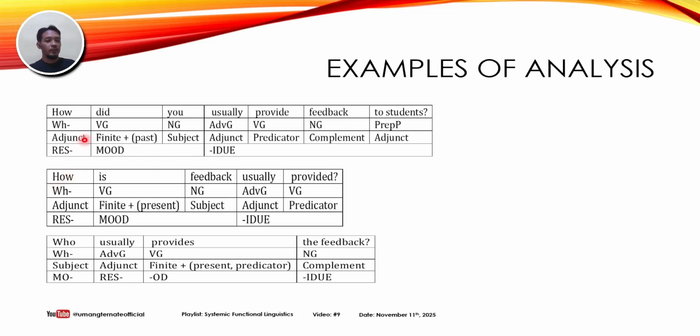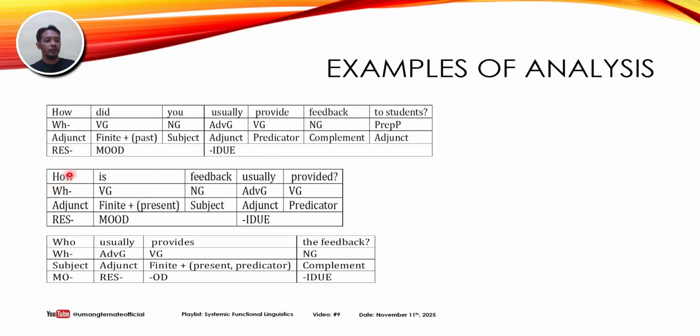And this one is a question and it demands information. Okay, how did you usually provide feedback to students? The response can be expressed, or typically expressed, through language, not actions. Okay. Similarly, this one, how is feedback usually provided?